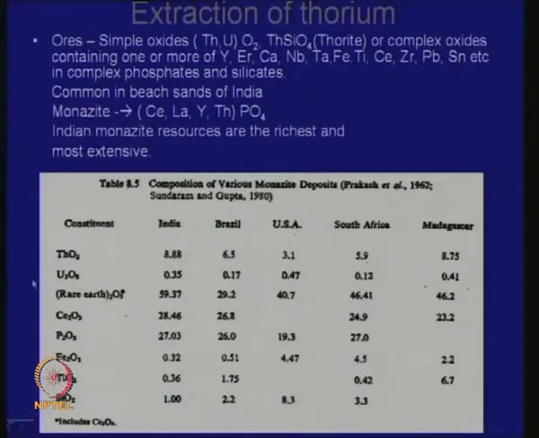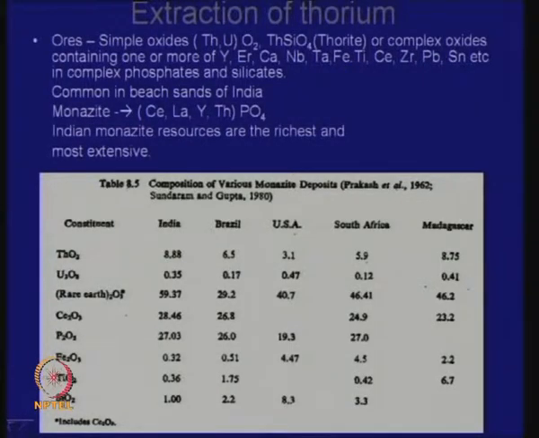In the beach sands, thorium exists as some simple oxides like thorium uranium O2 or ThSiO4 called thorite, or there can be very complex oxides containing one or more of all these materials: yttria, Er, calcium, niobium, tantalum, iron, titanium, cerium, zirconium, lead, tin, and complex phosphates and silicates in a very complex manner.